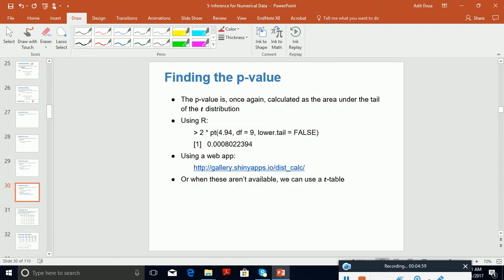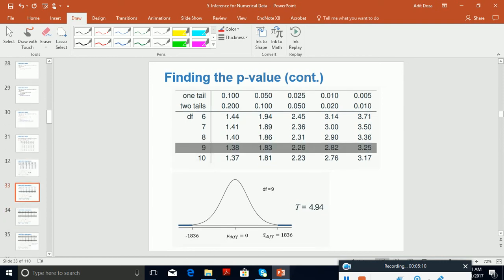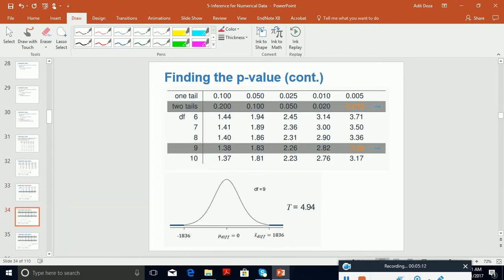Finding the p-value is also important. When you have the t-value, you can find the p-value for one tail or two tail. Let's say I give you a t-value of 3.25 and the degrees of freedom is 9.